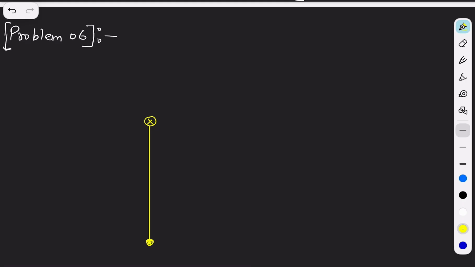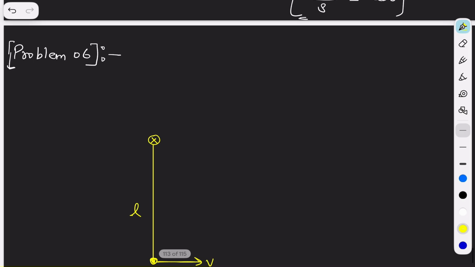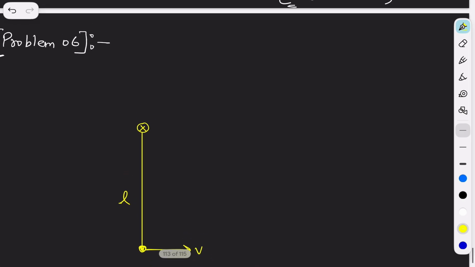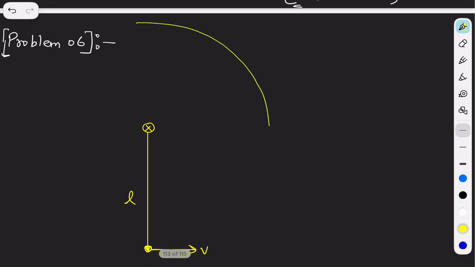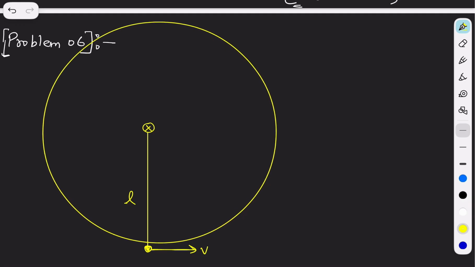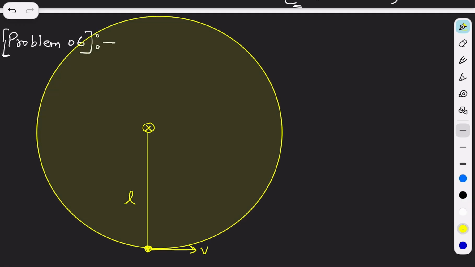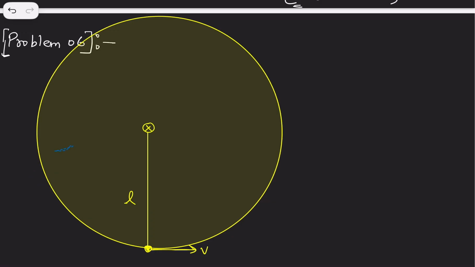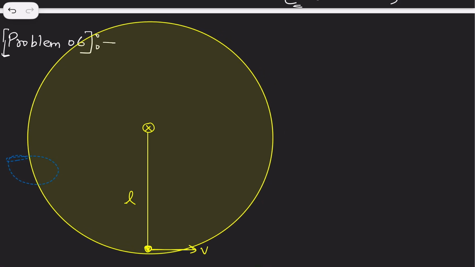It is asking what should be the velocity v that we should give to the particle, so that... let me make the circle for you. If we make the circle like this, I think yes, that might work. Let me fix it first. Okay, yes, I think this will work.